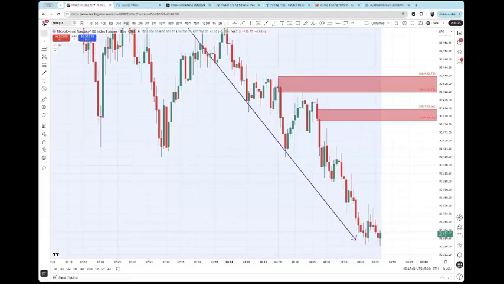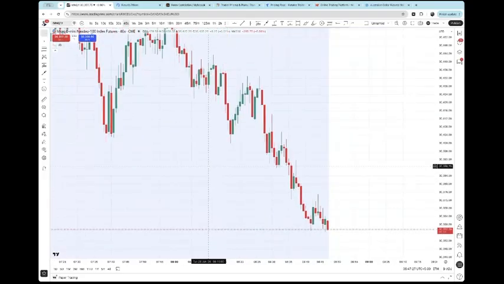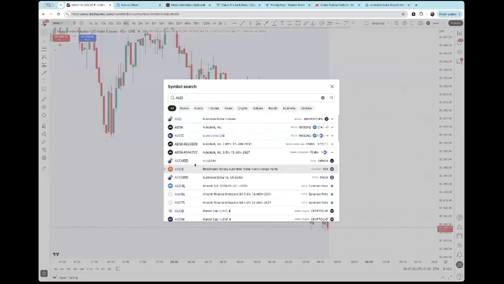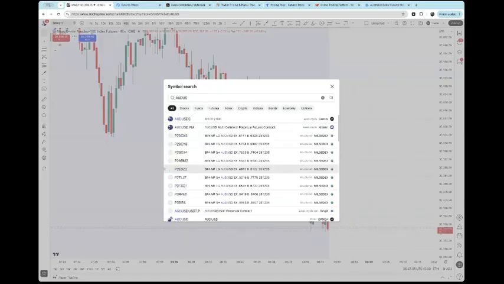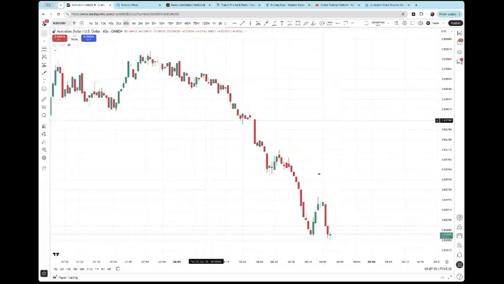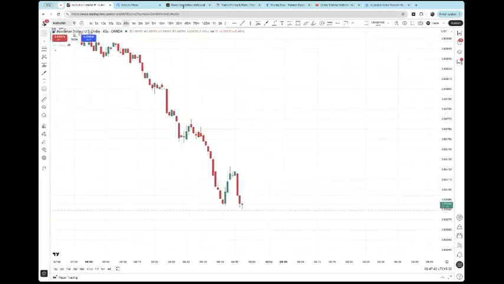This is our chart, AUD. And as you talk about AUD USD, this chart is the same as this chart.